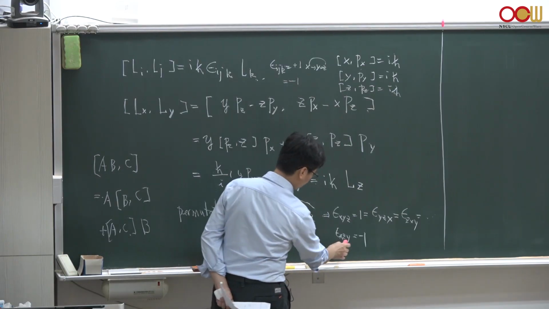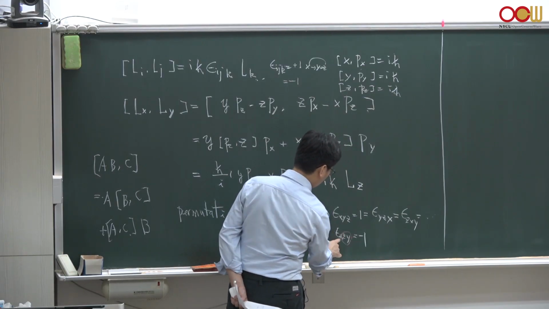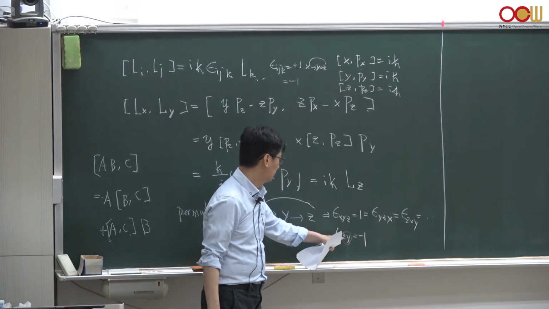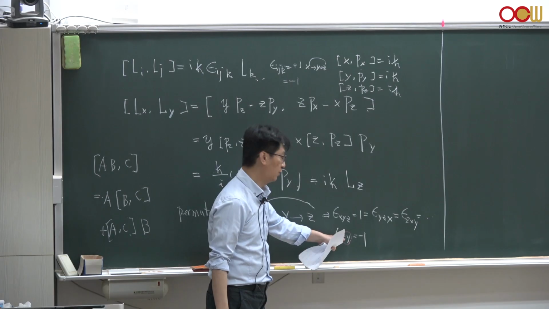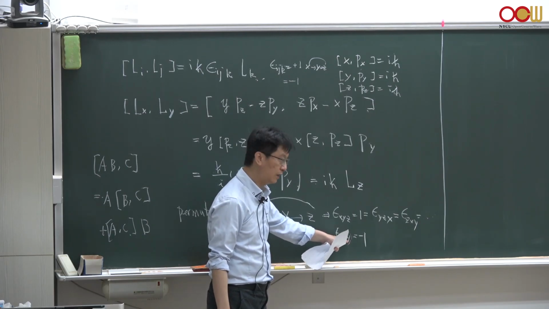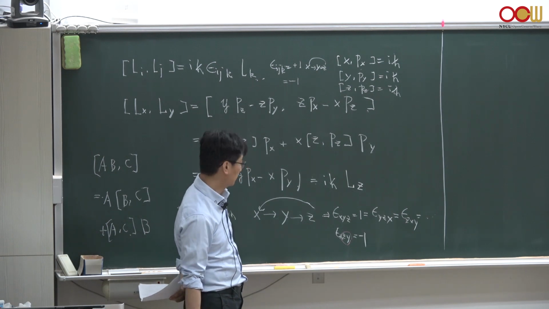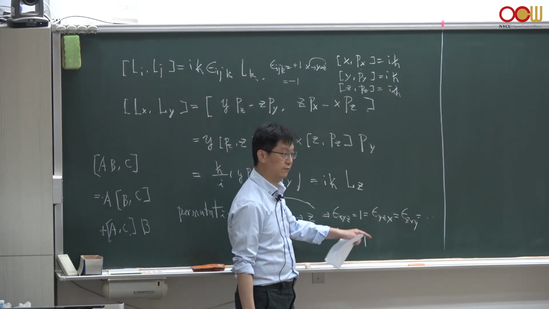Because we should have this proper order in order to get 1, but if you reverse this proper order between y and z, you get xzy, and there is one violation of this proper permutation, and you get a factor of minus 1.